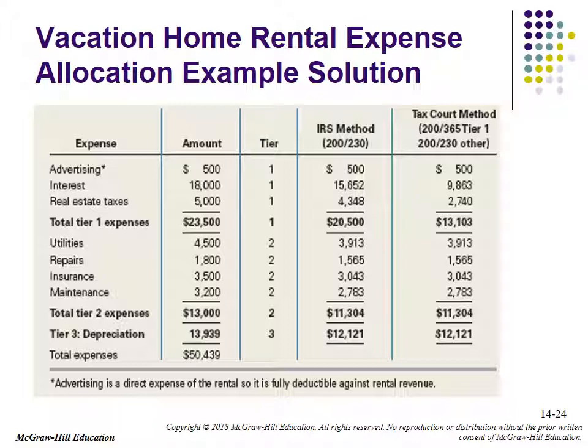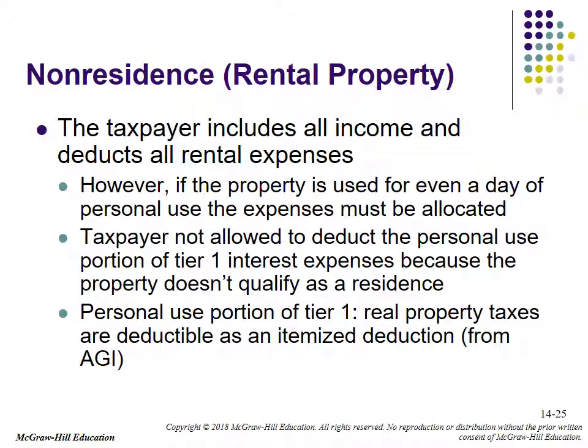So how does this all jive out? Of course, they don't have the slide. Take a look on the top of the next page. What are you allowed to expense in the end? Well, under the IRS method, rental receipts are $37,500. So, you can take Tier 1's expenses of $21,500.